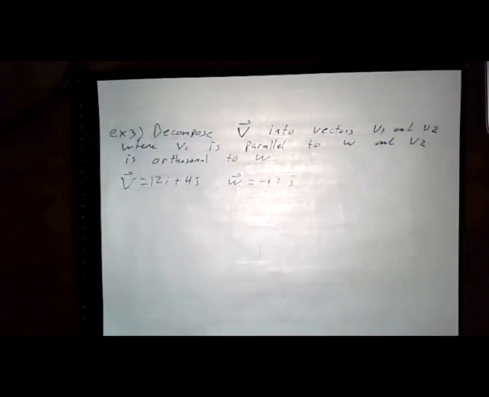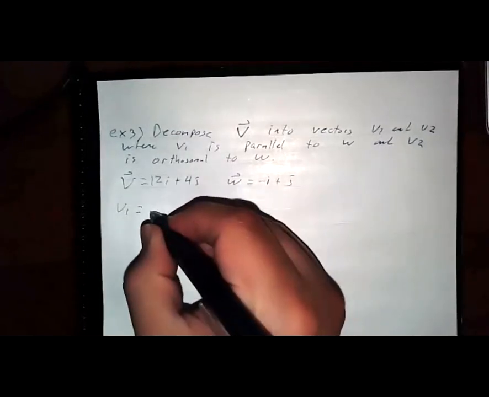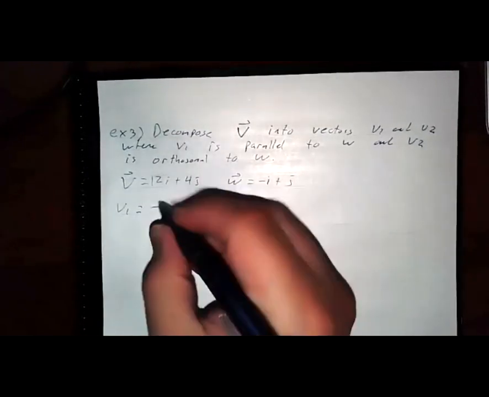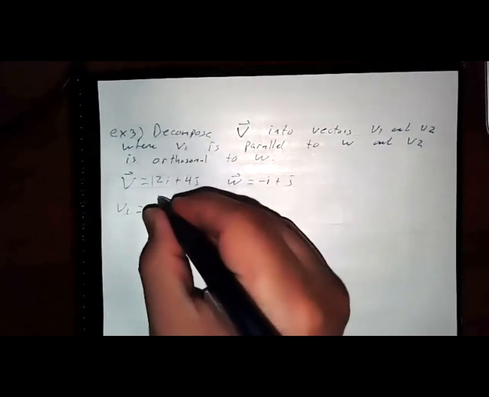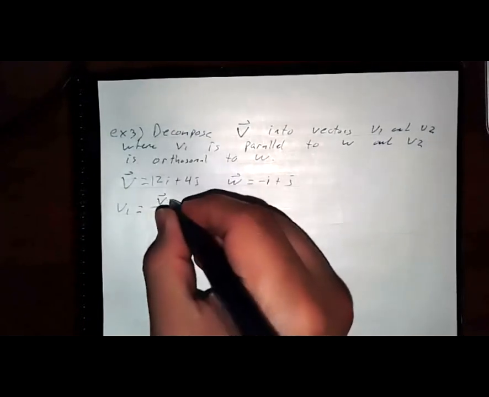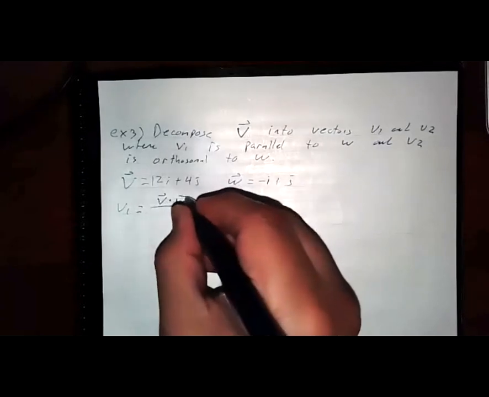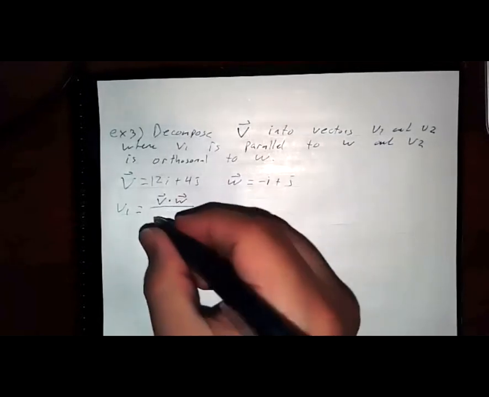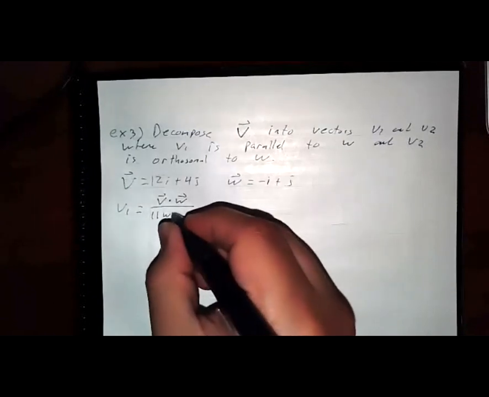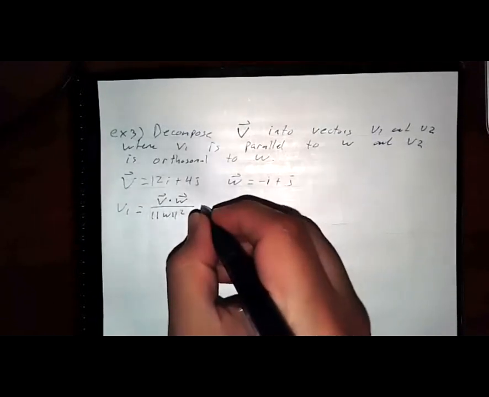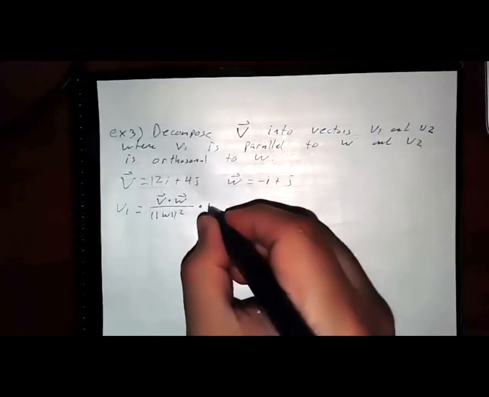All right, so this is the formula you need for V1 and V2. V1 will always be found this way. You do a dot product on the top with the original V and W, and then you divide that by its magnitude squared. And then you dot it by W again.